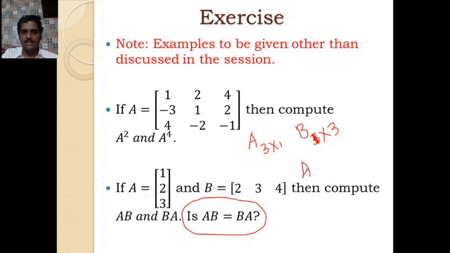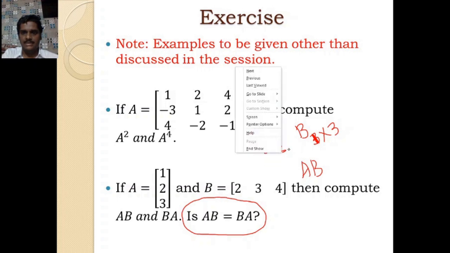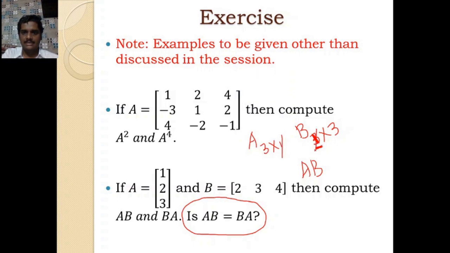So if I'm talking about AB, you can see this 1 matches with this 1, so it will get cancelled. So you get AB order as 3 by 3. If I talk about BA, you'll write B first and A after that.